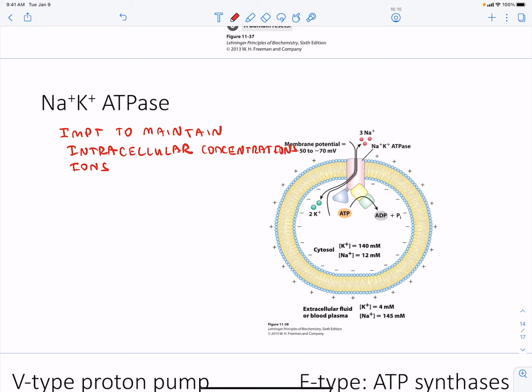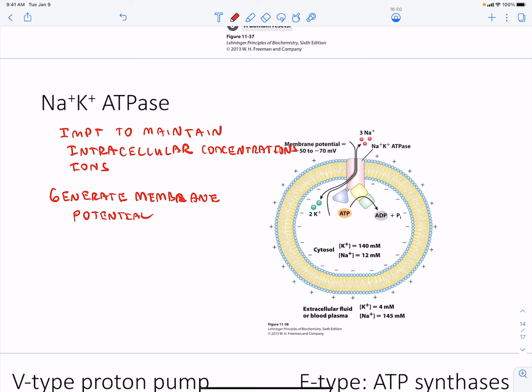And so basically, the movement of sodium and potassium is going to generate a membrane potential. The membrane potential can be important for muscle contraction, maybe to release insulin or other things.